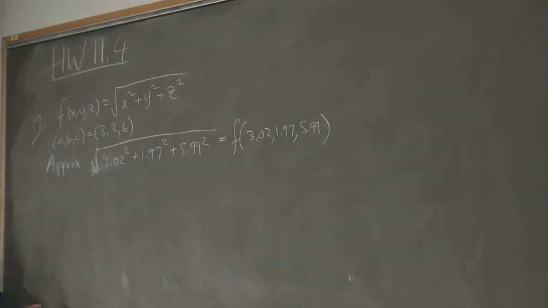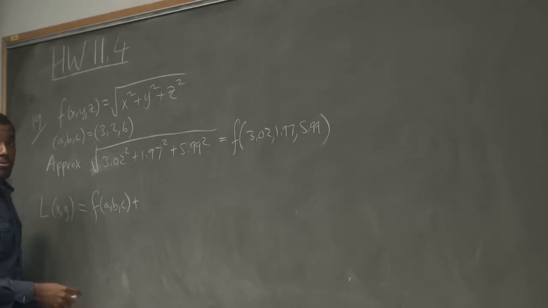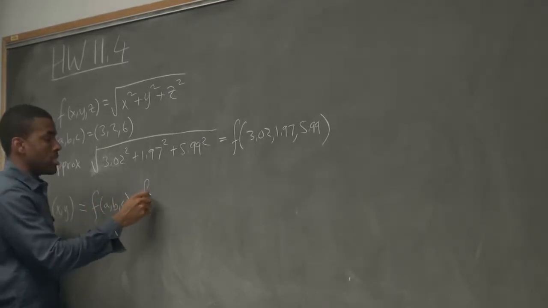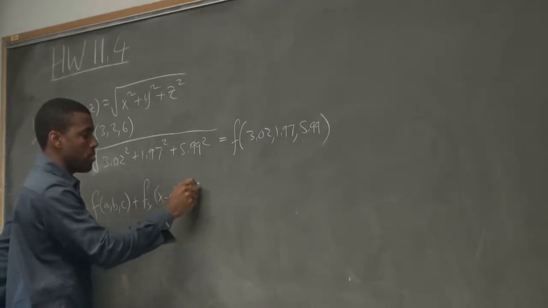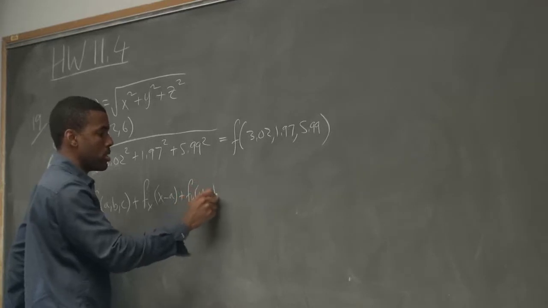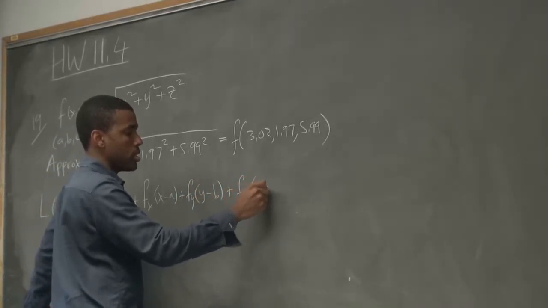Okay, let's find the linear approximation. How do we do that? We find L of x, y, z equal to f of (a, b, c) plus fx evaluated at (a, b, c) times x minus a, plus fy evaluated at (a, b, c) times y minus b, plus fz evaluated at (a, b, c) times z minus c.